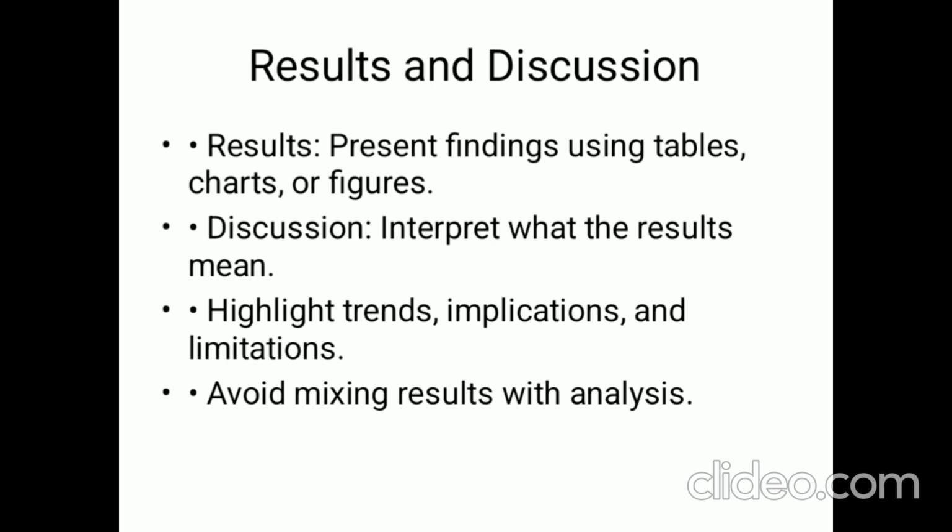Here you interpret the outcomes, highlight patterns or trends, and point out the limitations. But you must also remember, results is what you found and the discussion is what the findings mean. So, you must avoid mixing raw data with interpretations. Keep the two sections separate for clarity.